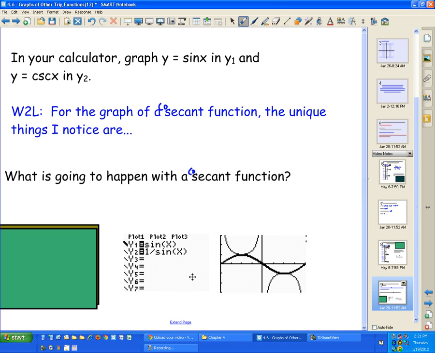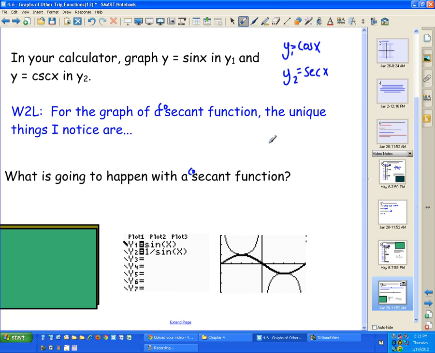It might also be helpful for you to graph y equals cosine of x in y1, and do the same thing for this function. You might also want to sketch a graph of the secant and answer these same questions. You will then get a graph something like this.